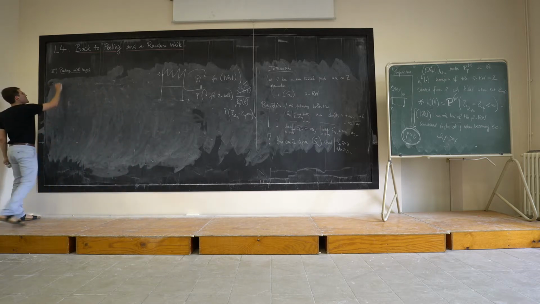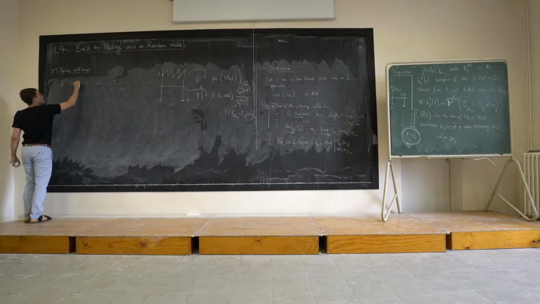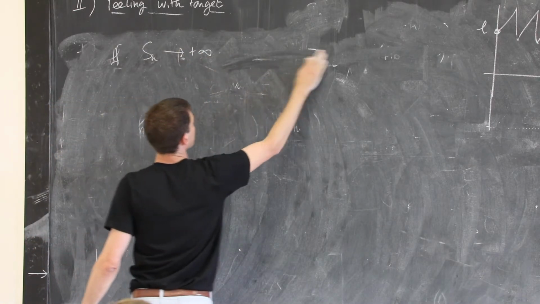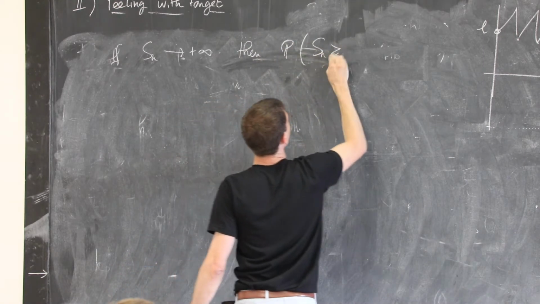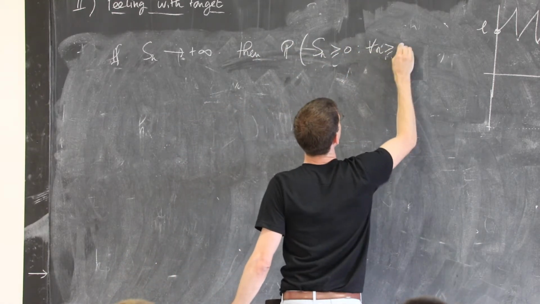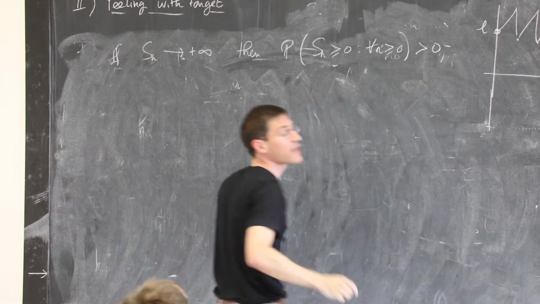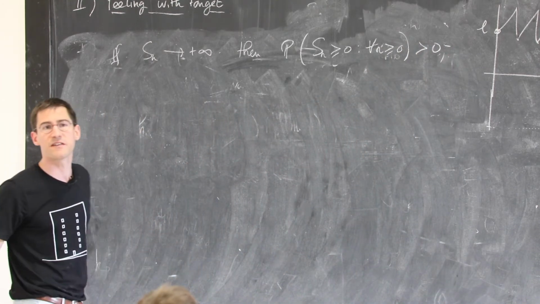So if Sn drifts towards plus infinity, then the probability that Sn is positive for all time is positive, and so you can condition on an event of positive probability.